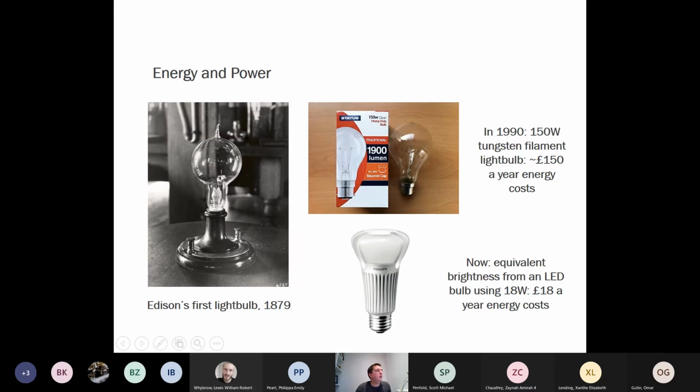Edison's first light bulb was an entire research project to build, but even in 1990, the energy costs associated with a tungsten filament light bulb would have been perhaps £150 a year. These slides are a bit old now. I'm saying £18 a year for LED bulbs, but I think it's perhaps even lower than that.